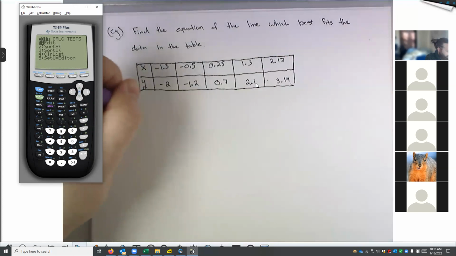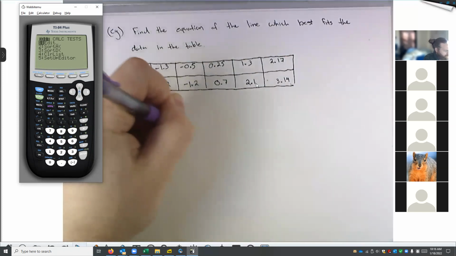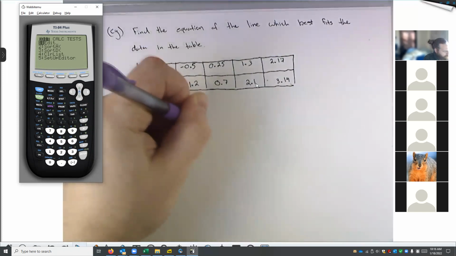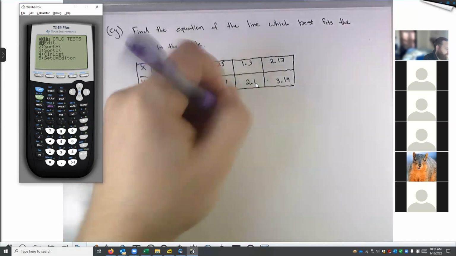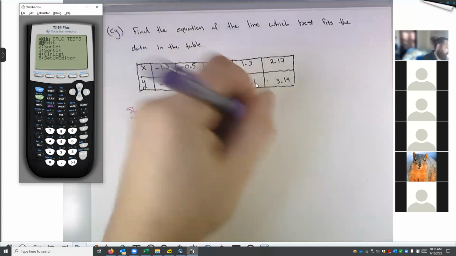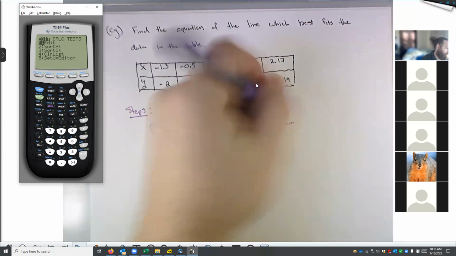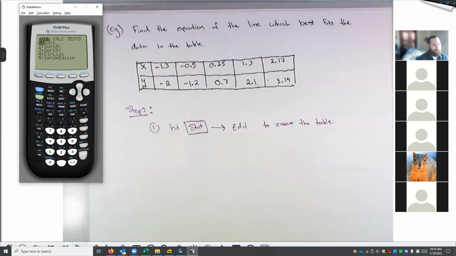Steps. So stat, and then select edit, hit enter, and now you've got lists.